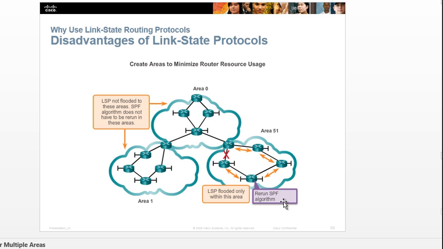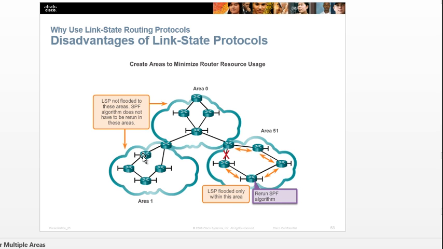So here you see that we can create areas to minimize router resource usage. And here we've got what look like 3 different network areas. What will happen is those routers that are between areas are going to run a different protocol. That means the links inside are only going to know about their own autonomous network.